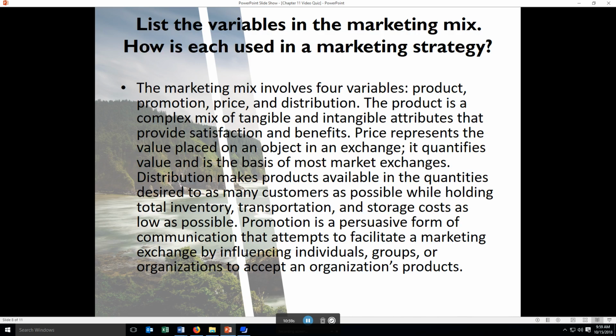List the variables in the marketing mix, how each is used in a marketing strategy. The marketing mix involves 4 variables: product, promotion, price, and distribution. So promotion, how are we going to sell that car? If we look to Buicks, Buicks went out and hired Tiger Woods to sell them, right? He plays golf. A lot of older people enjoy golf.